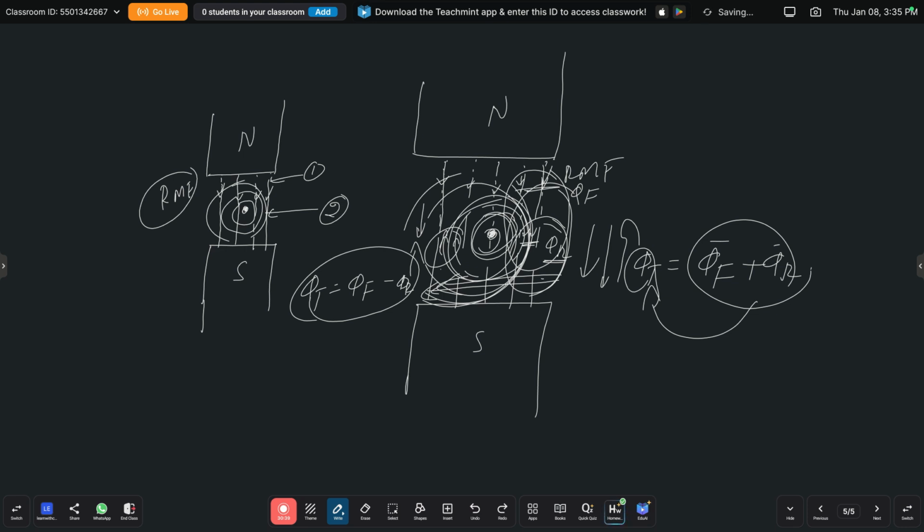It tries to catch the rotating magnetic field speed, but that is not possible. If the rotor runs at the rotating magnetic field speed, there is no relative speed between flux and conductor.